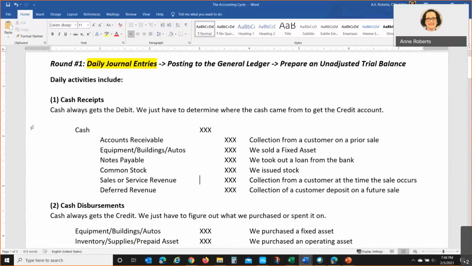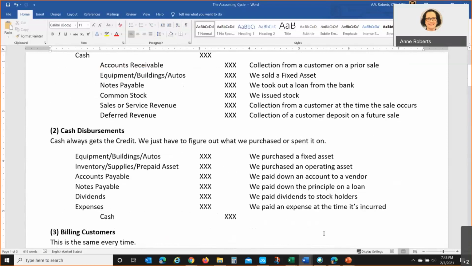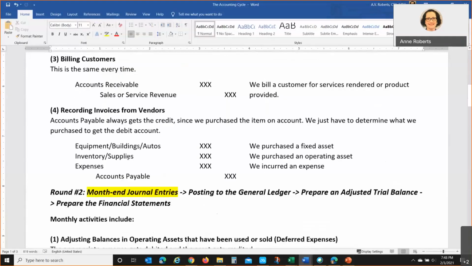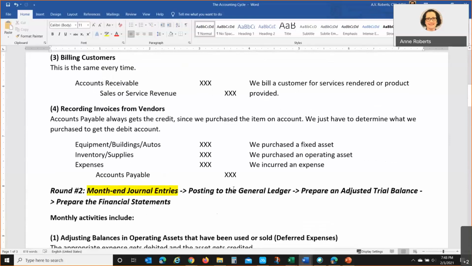If we received cash, what was it for? If we paid out cash, what was it for? We bill the customers, it's the same journal entry every time. If we bought something on account, what did we buy? So it's just those 4 things.